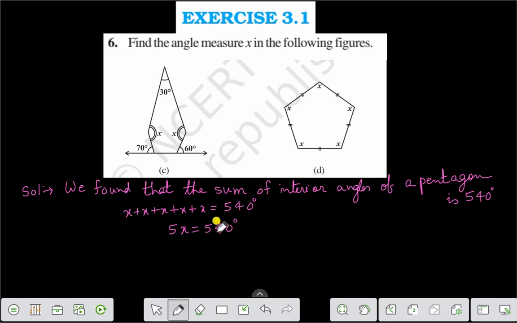Or it can be written as x is equal to 540 degree by 5.